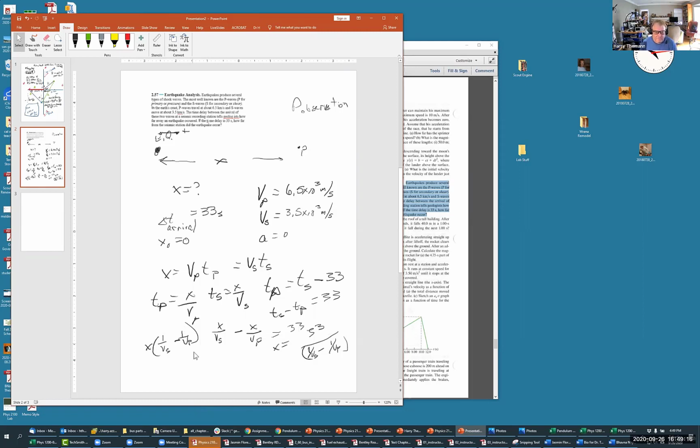So 1 over VP equals 0.154. 1 over VS is 0.286.